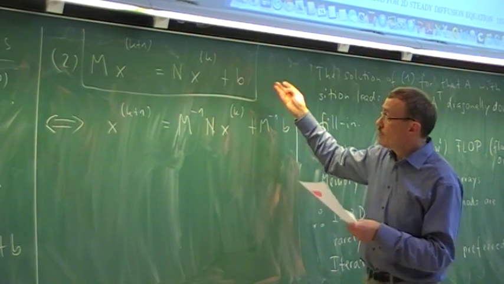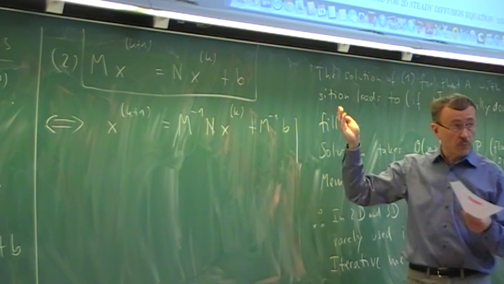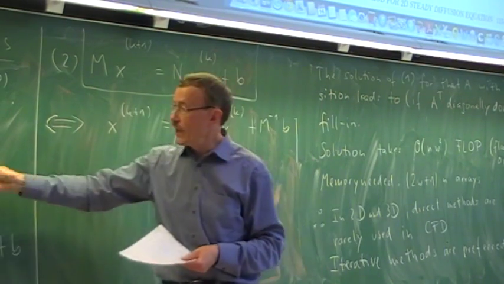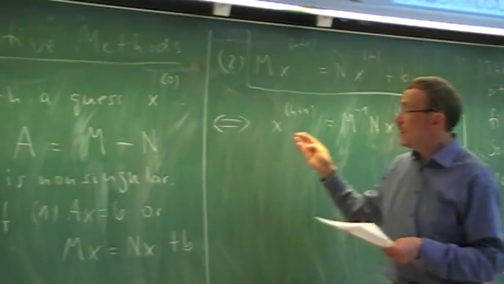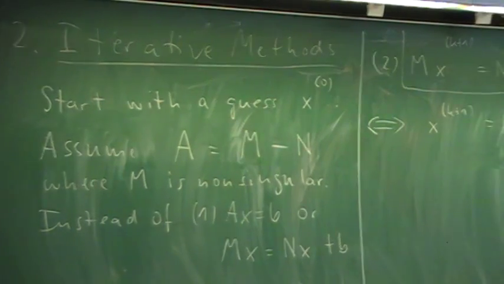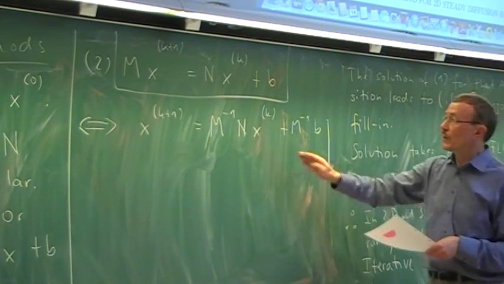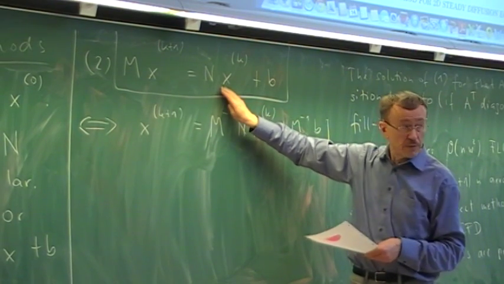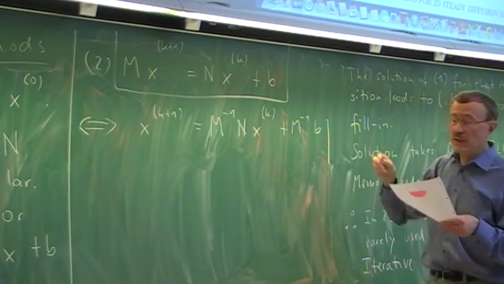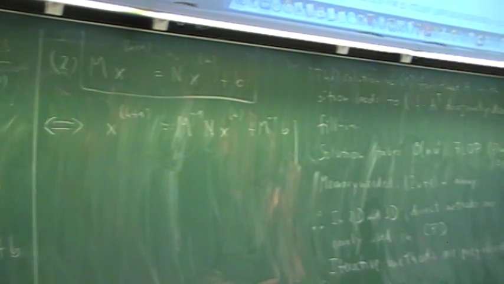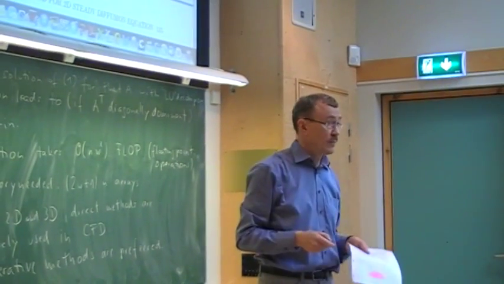So we start with an initial guess, and we determine these matrices that represent A in such a way that the M part is taken as the unknown, the new iteration, and the N part is taken at the old iteration. That gives us a recipe to do that. Okay, so after the break we'll look at examples, and then you'll also see the method that is implemented in the skeleton. That's one of them.